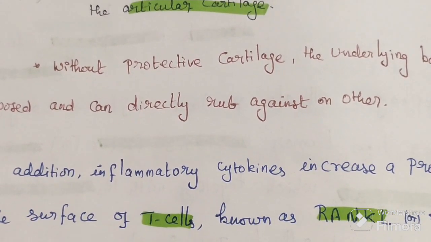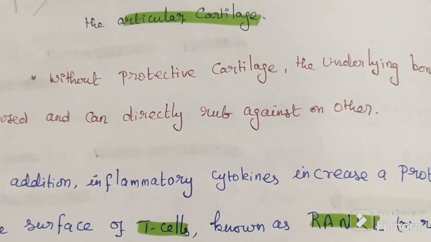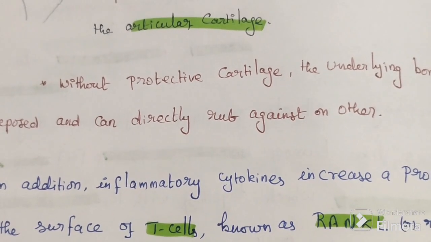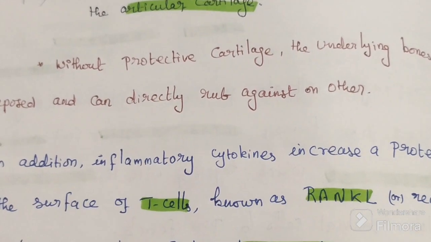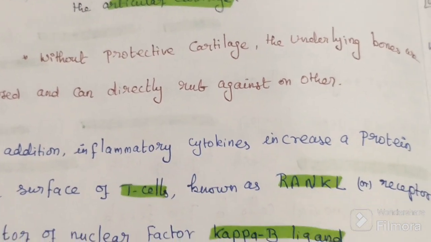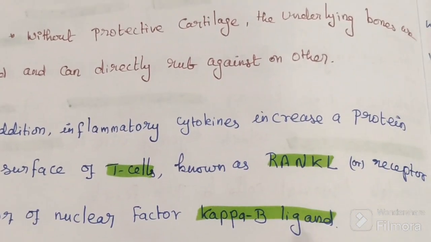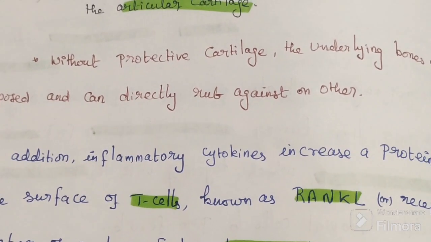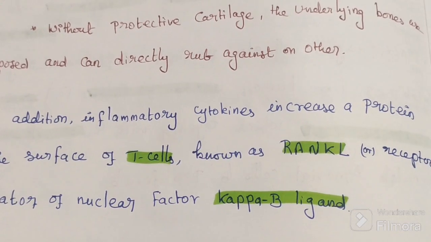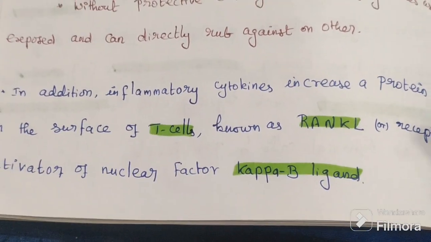Without the protective cartilage, the underlying bones are exposed and can directly rub against one another. In addition, inflammatory cytokines increase a protein on the surface of T cells known as RANKL, or receptor activator of nuclear factor kappa B ligand.